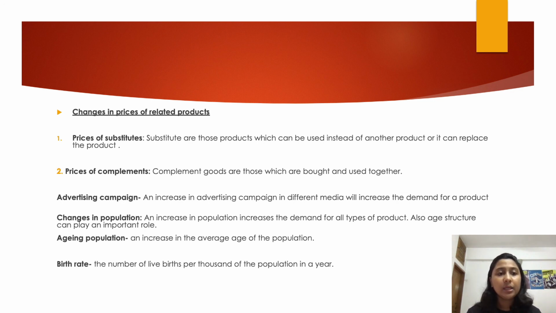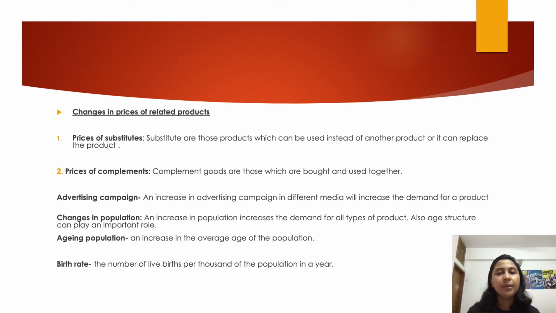So why do we have to go for substitutes in the first place? We go for substitutes, as discussed in the last video as well, when the price of one product increases, we tend to switch to a substitute product, because the price is high and we would definitely want to shift to products which have a lower price.